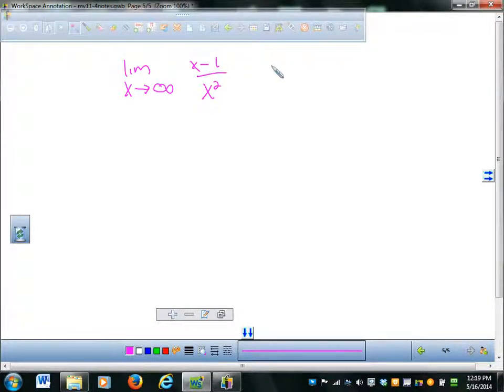You divide everything by the highest power of x. So what am I going to divide everything by? x squared. So I'm going to rewrite this as a limit as x goes to infinity of x over x squared minus 1 over x squared, over x squared over x squared.